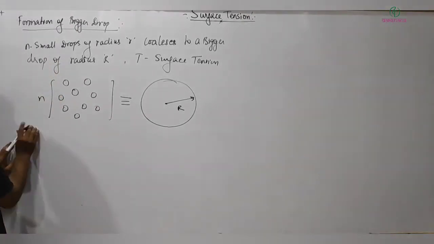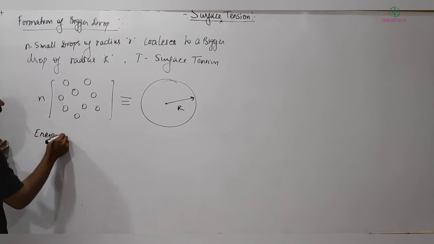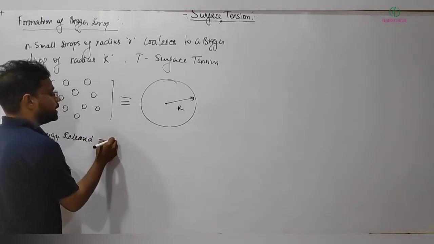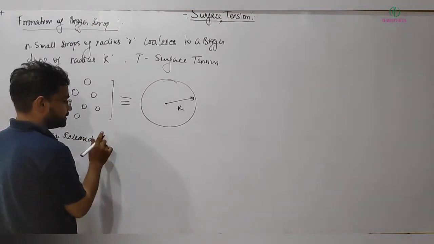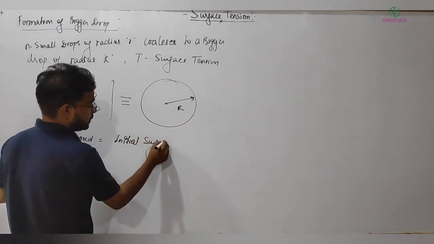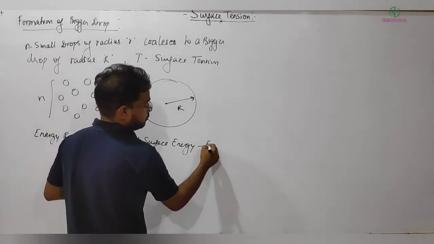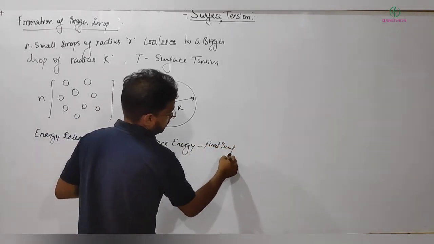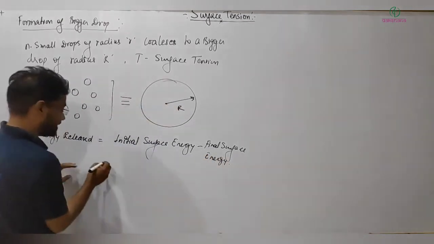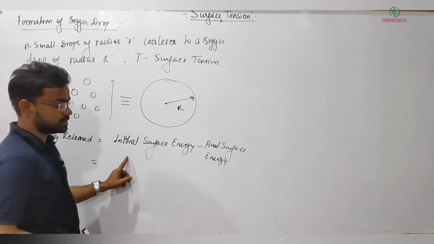So energy will be released. Energy released can be written as initial surface energy minus final surface energy. Initial surface energy is T multiplied by surface area.